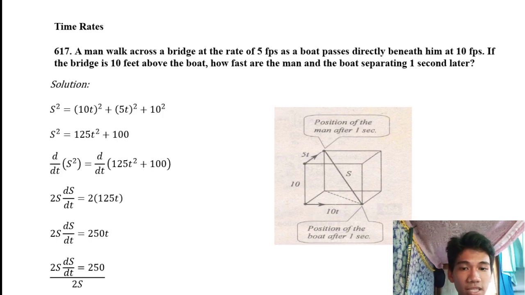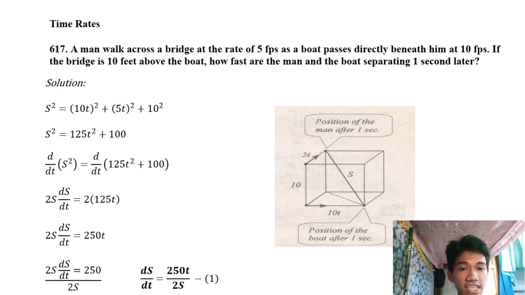Divide na nato both sides with 2s so that ang mabilin na lang sa left side is ang ds over dt. So after nato divide both sides, macancel na ang 2s, then maka-come up na tayo ng ds over dt equals to 250t over 2s. So label na nato siya as number 1.